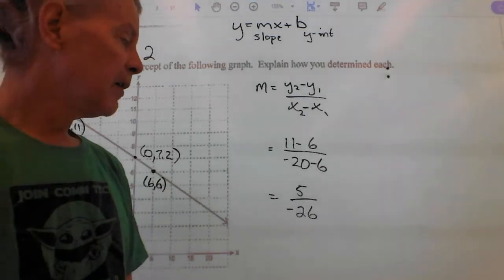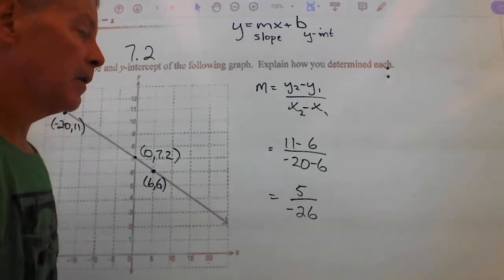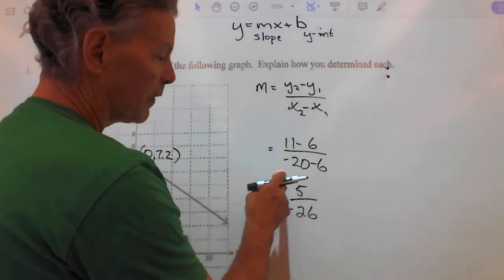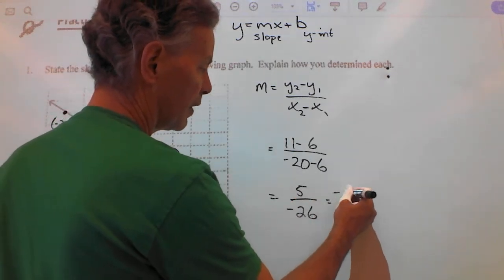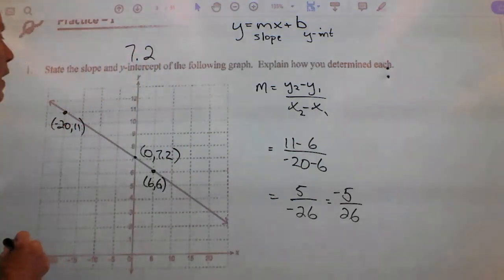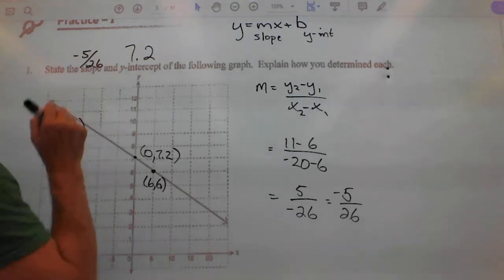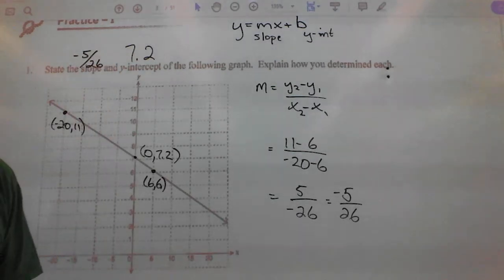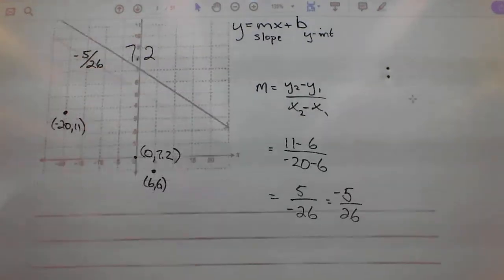Now, remember I said if you get a fractional slope, leave it as a fraction. Okay? And also, I always move the negative sign up. So this can also be written as negative 5 over 26. Okay? So our slope is negative 5 over 26. That's the first one. So, there we go.